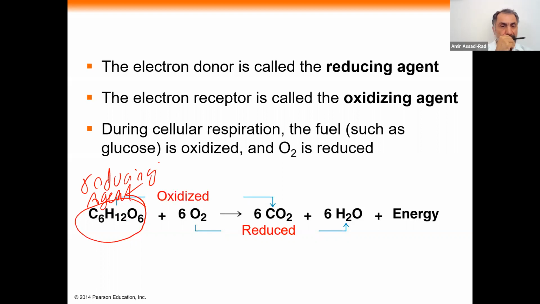And oxygen is reduced, right? In this case carbon dioxide is formed, and of course it forms water and energy.